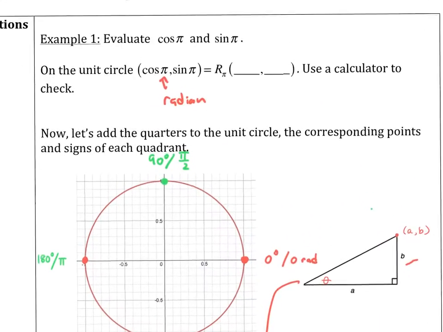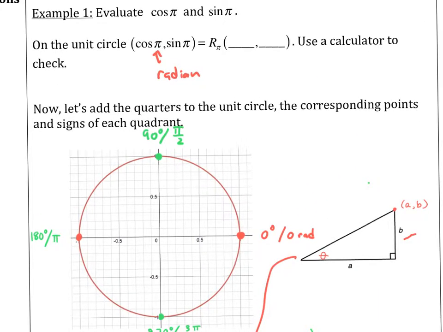So the question here is, on the unit circle, what is the cosine of pi? Well, that means we're talking about this point right here. So what's that point? If you recall what that point is, it's (-1, 0).